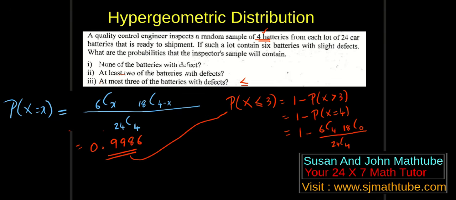So probability x is less than or equal to 3 is very high, 99.86%. Okay, so I hope you understood when to apply binomial. So I hope you understood when to apply hypergeometric and how to apply hypergeometric.